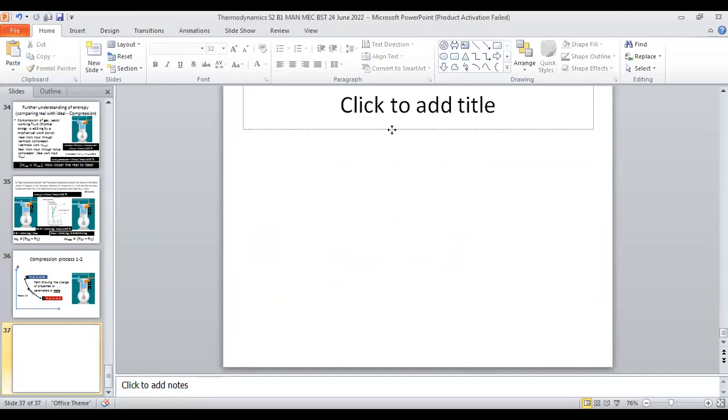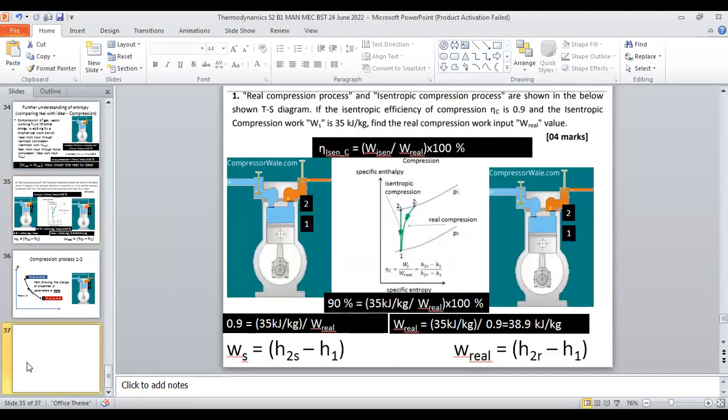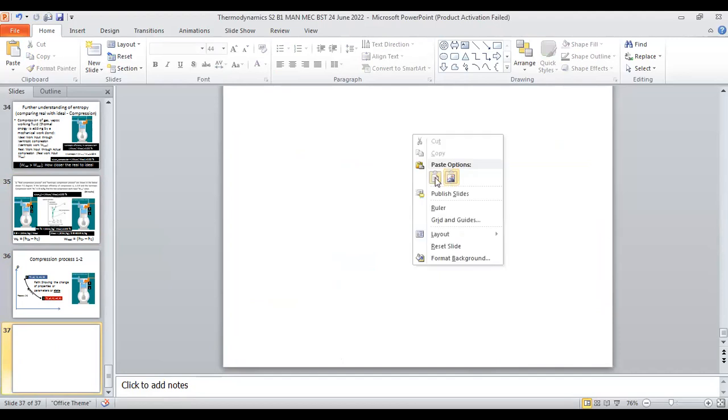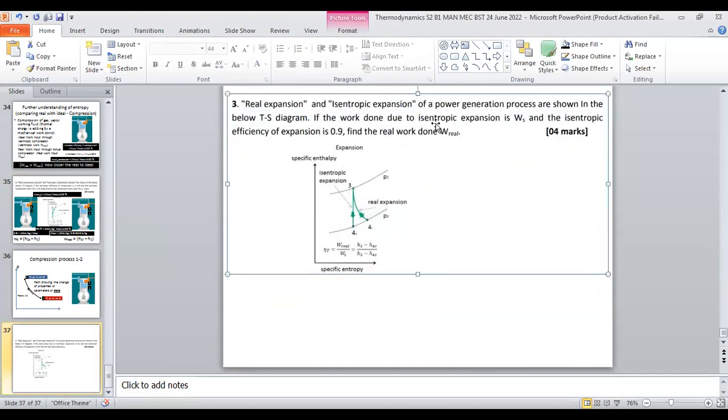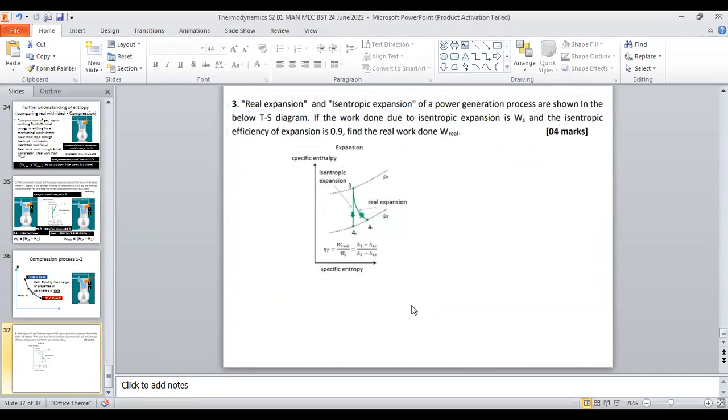It's to understand the same as this compression. Sorry, expansion here.